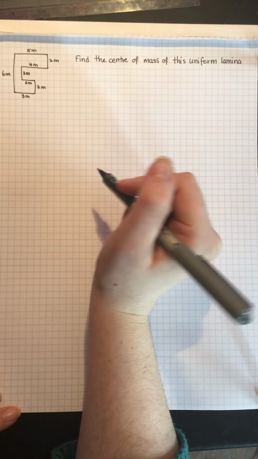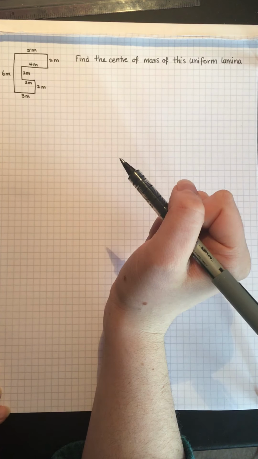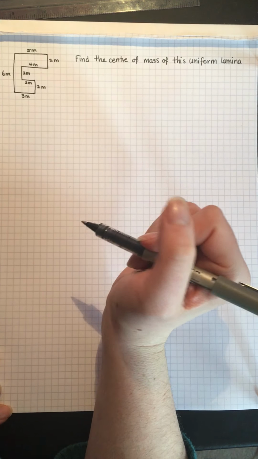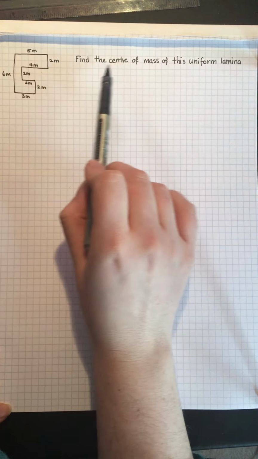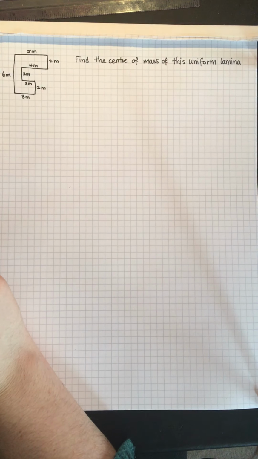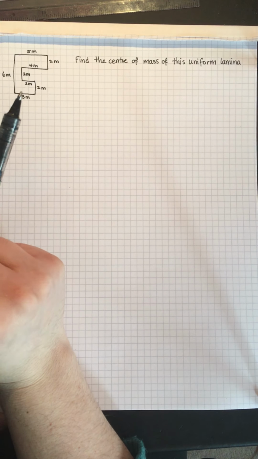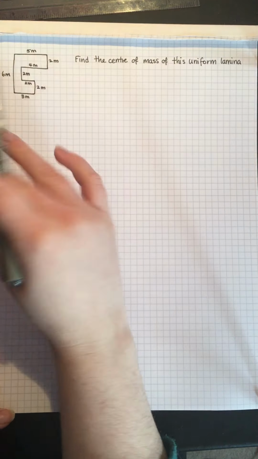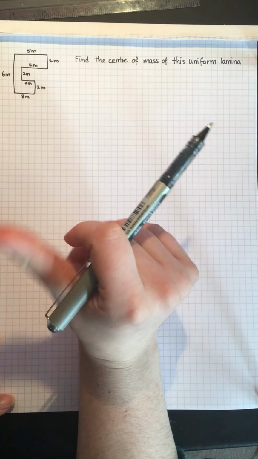Right, so in this video I'm going to show you how to find the centre of mass of a two-dimensional shape in a slightly easier way using vectors. I'm told here it's a uniform lamina. Lamina just means it's completely flat and doesn't have any kind of height, like a piece of paper, but even thinner.